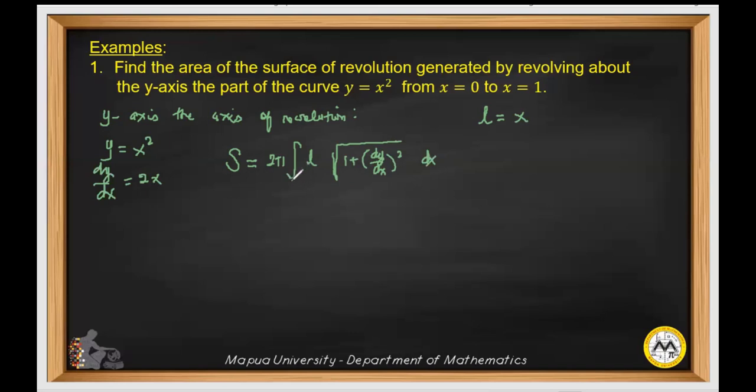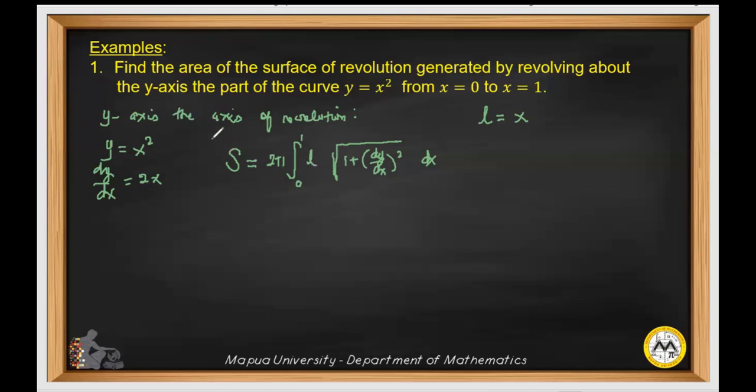And x will go from 0 to 1. Take note that the variable of integration is x, and the curve is continuous within the closed interval from 0 to 1. So lower limit is 0, upper limit is 1.